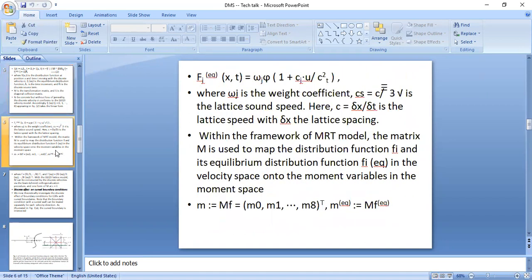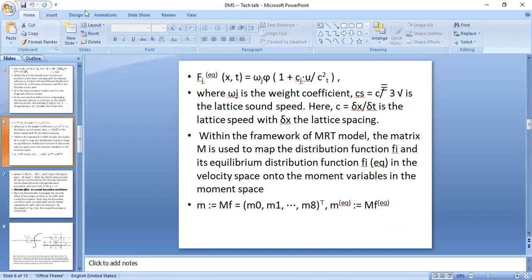fj^eq(x, t) = ωj φ (1 + cj·u / cs²), where ωj is the weight coefficient, cs = c/√3 is the lattice sound speed.